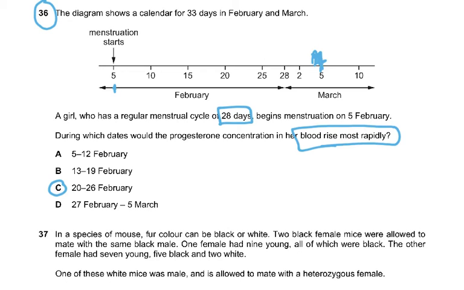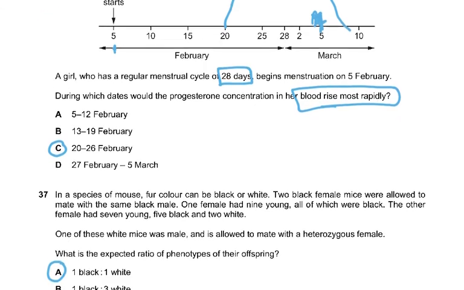They would remain high, of course. Remember, the graph goes up, remains high, and then goes down. So the 20th to the 26th would be the most rapid rise, and it will remain high after that till the 3rd of March. So we've done question number 36.